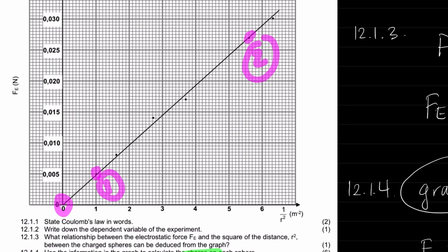It would be better to use point 2 and the origin, but just to simplify it, let's take point 1 because it's somewhat easier to read off from the graph, since it's at 1 and 0.005. It won't be entirely accurate, but it will get us close enough to our answer.